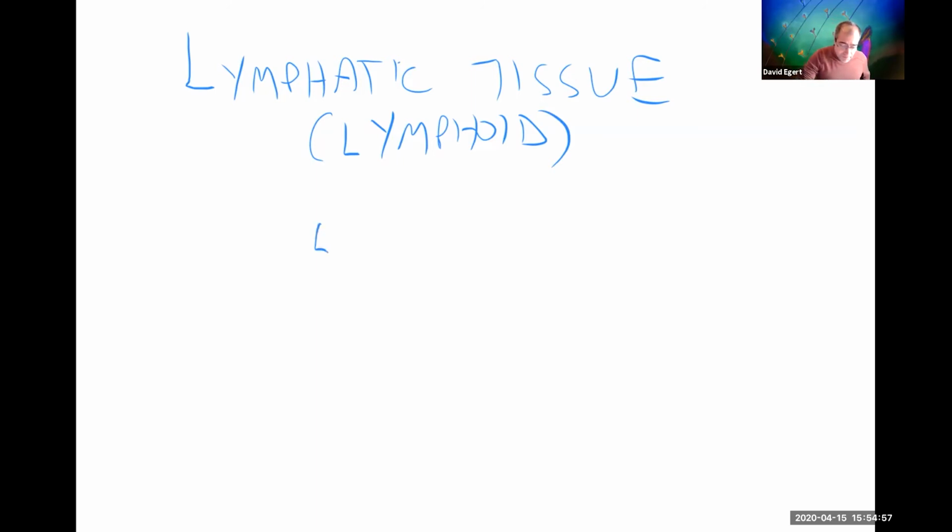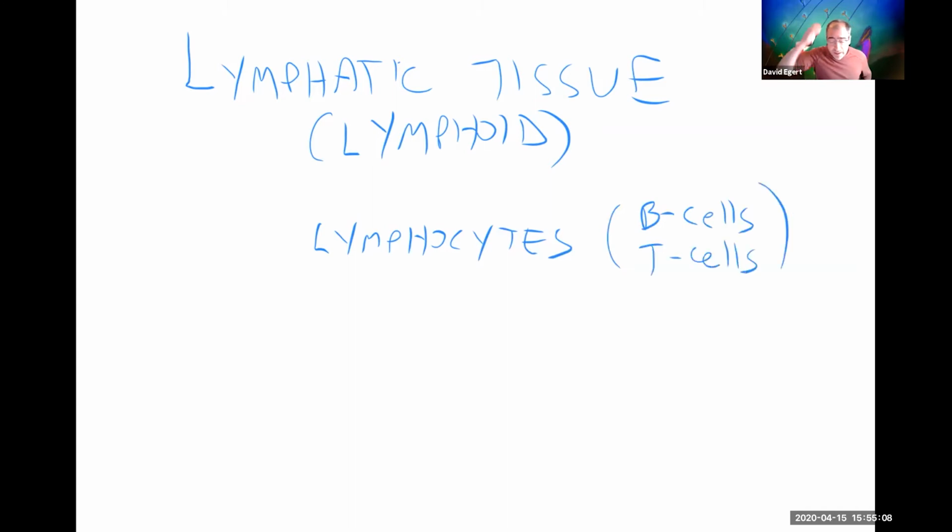This is going to be like lymphocytes, which are kind of B cells and T cells. We're going to talk about this so much more when we do the immune system. We're going to learn about B lymphocytes maturing in the bone marrow and T lymphocytes maturing in the thymus and how they differ and how they get activated and all sorts of stuff. But for right now, let's just say they are part of your immune system and they're helping keep you safe.